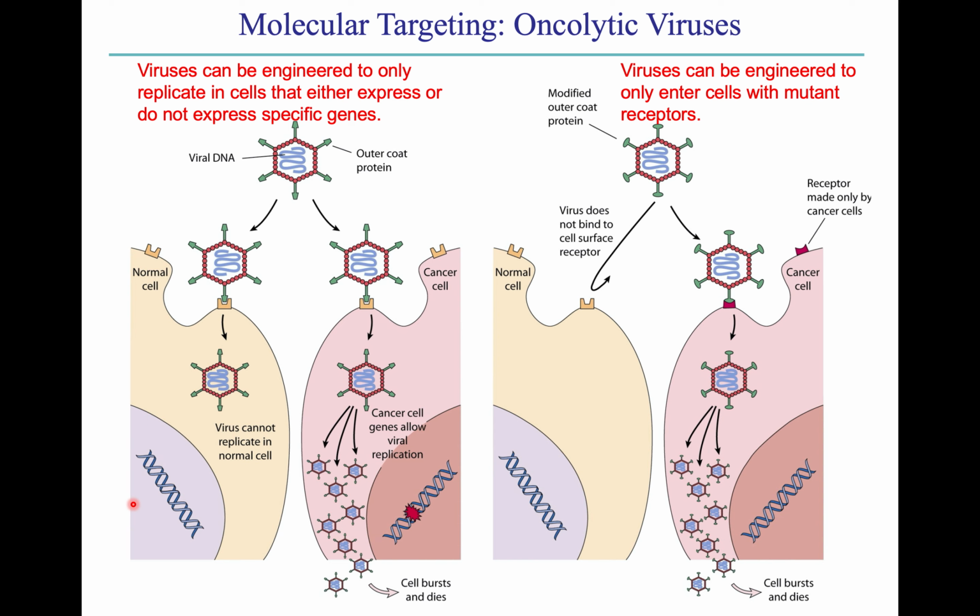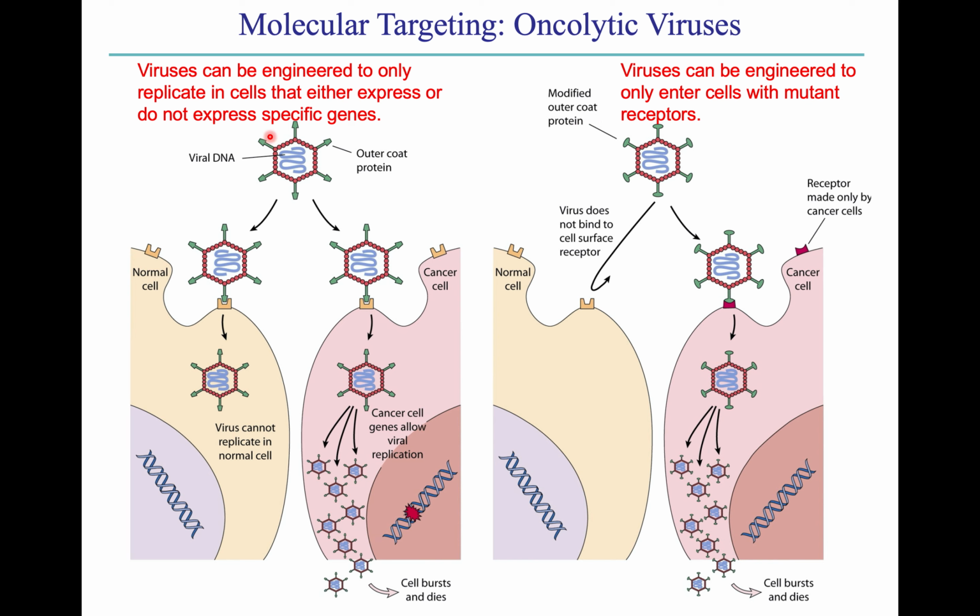And lastly, I wanted to mention that viruses are beginning to be engineered to target cancer cells specifically. These are called oncolytic viruses. There's a lot of subtlety and variation in how this can be done, but in general, there's really been two main approaches.